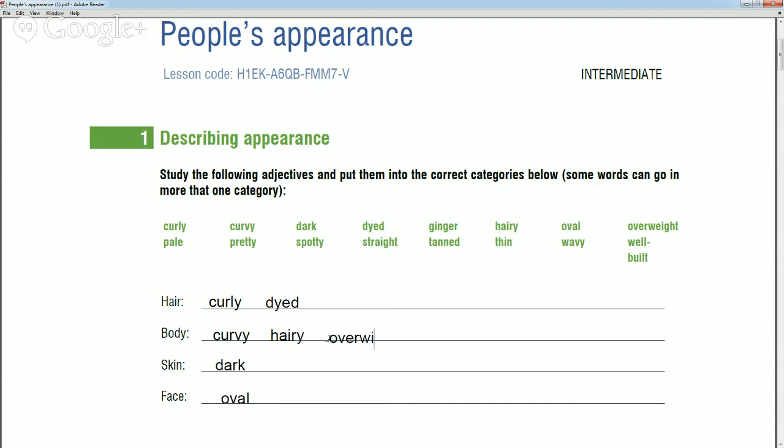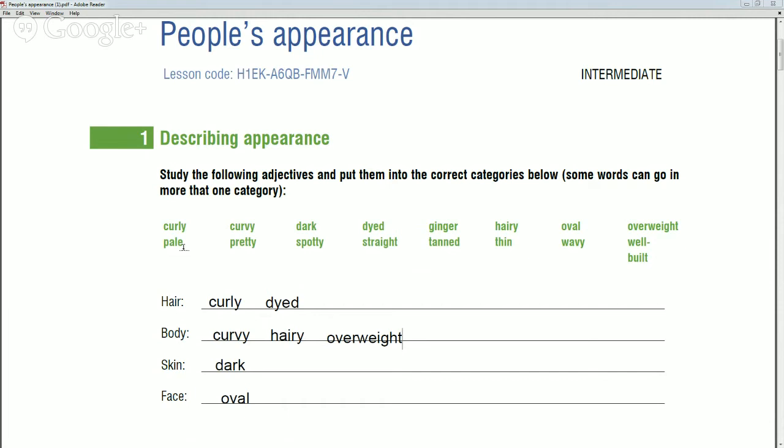Overweight is after to be well built. If I am well built, I'm going to be overweight? Could be. Well, if you're well built, you could become overweight very quickly if you start being lazy.